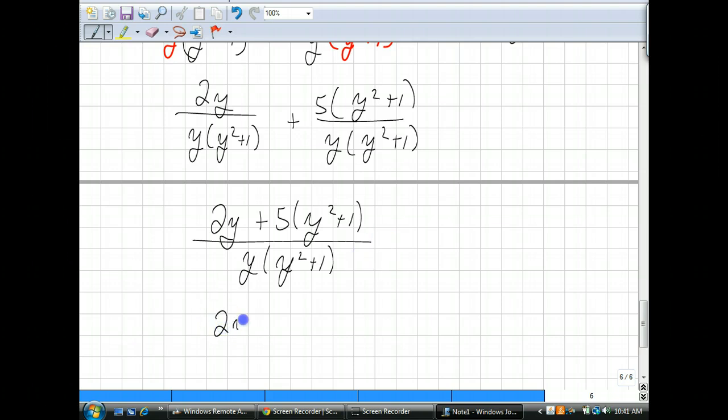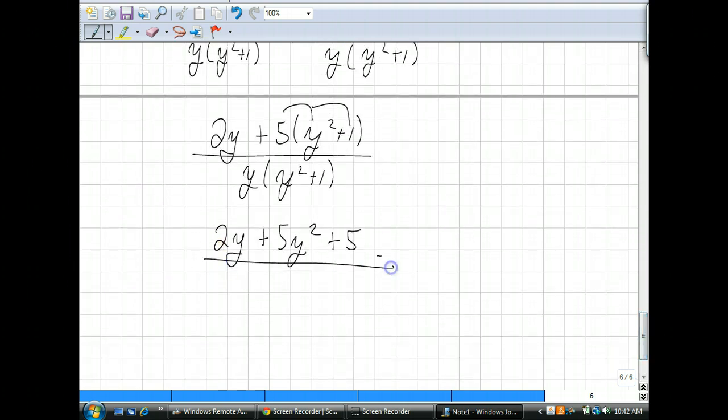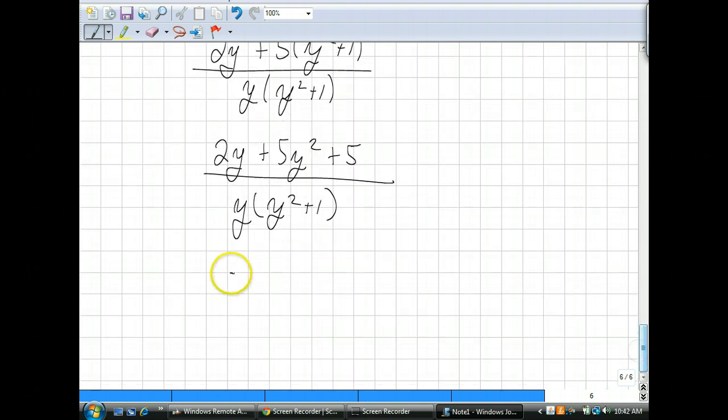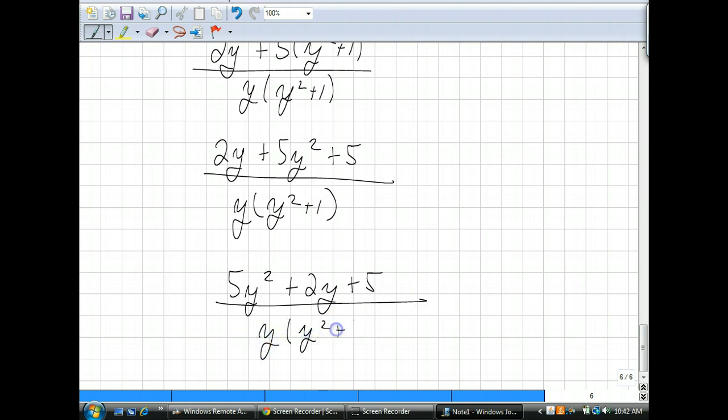Distribute the 5. Okay, so I distributed here and here, all over y times y squared plus 1. And normally we would write that as 5y squared plus 2y plus 5 all over y times y squared plus 1. And the top doesn't factor, so we're done at that point.